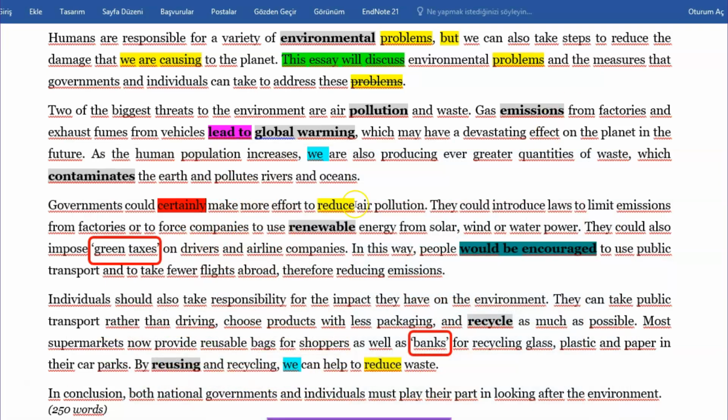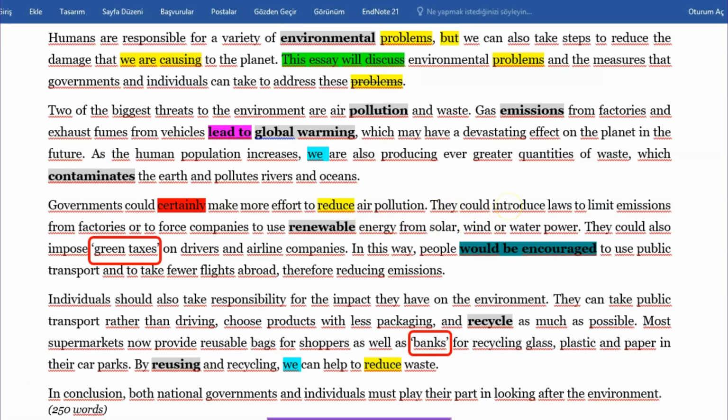Okay, it's important. Governments could inevitably make more effort to decrease air pollution, to provide some remedies regarding air pollution.